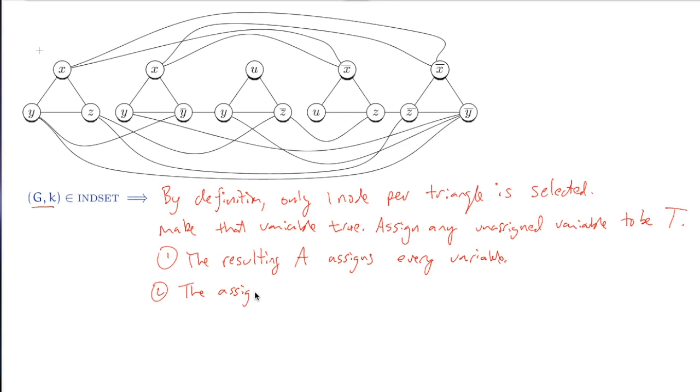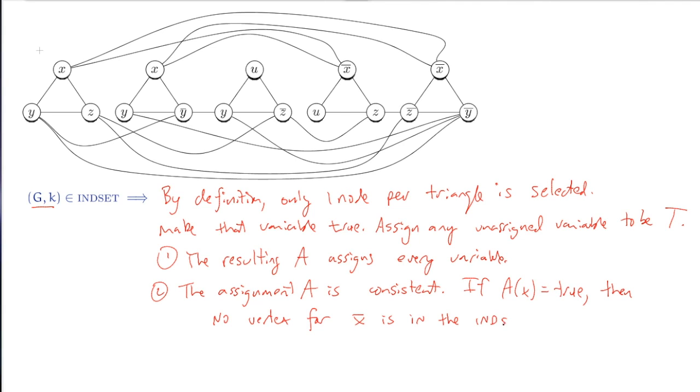The assignment A is consistent because if A of x is true, then no vertex for not x is in the independent set, and so not x is assigned false.